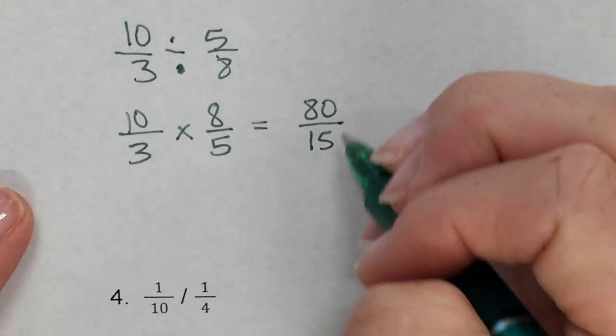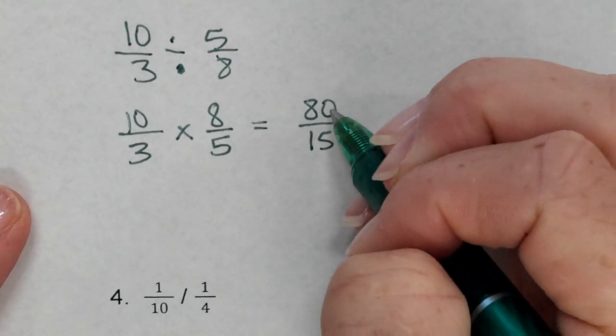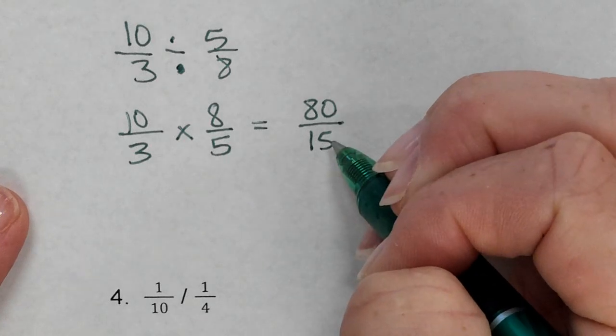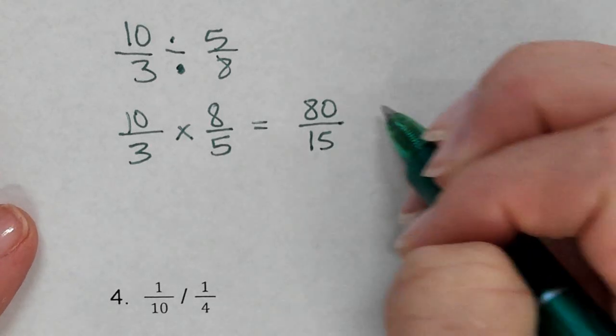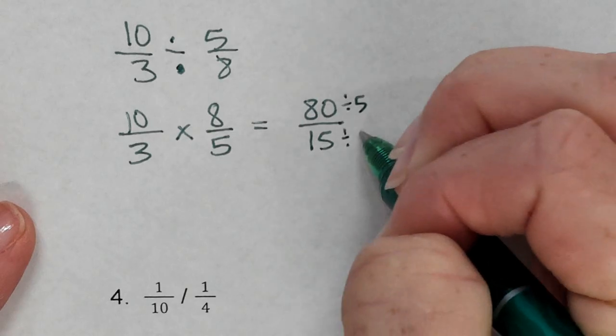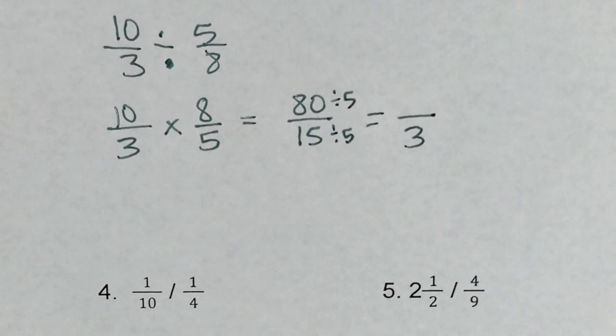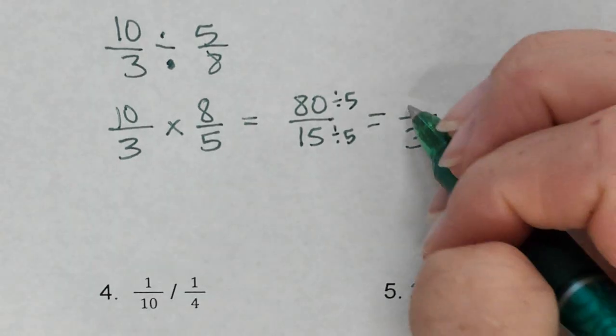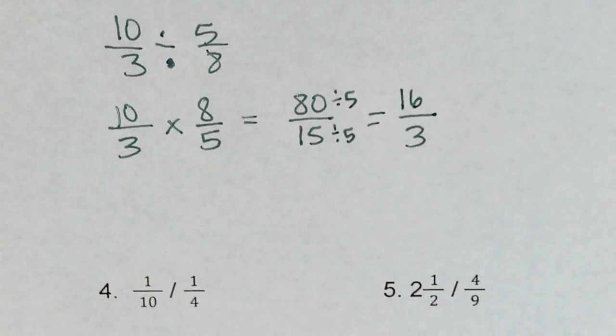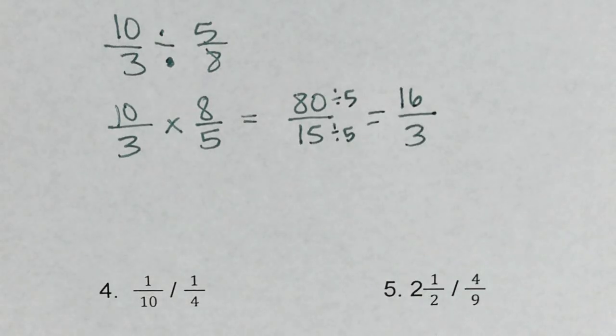I'm going to go ahead and simplify now because I know that this ends in 0 and this ends in 5, so they're both multiples of 5. Yes? So I'm going to divide by 5. I know 15 divided by 5 is 3. Does anybody know what 80 divided by 5 is? 16, I think. Do y'all see how that was harder, though? Because I didn't know how many 5s were in 80.